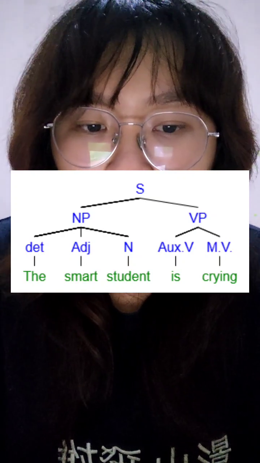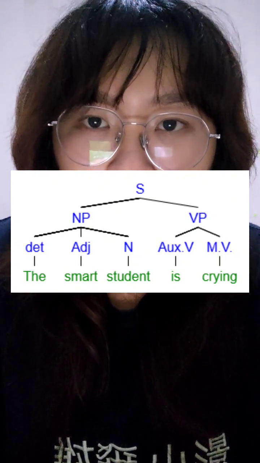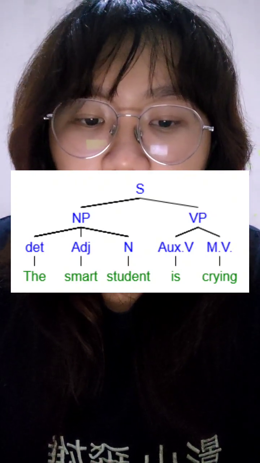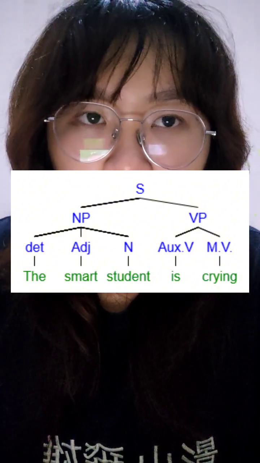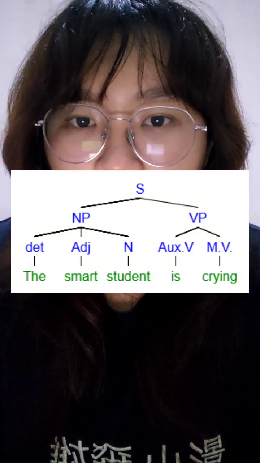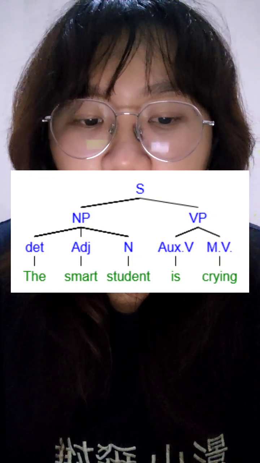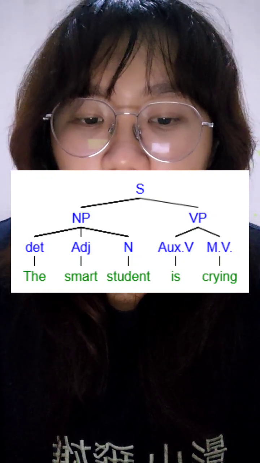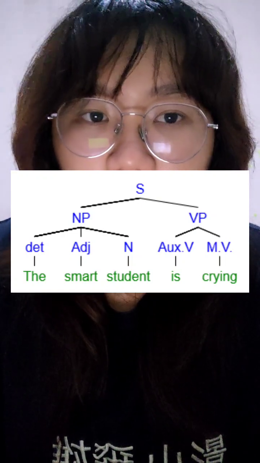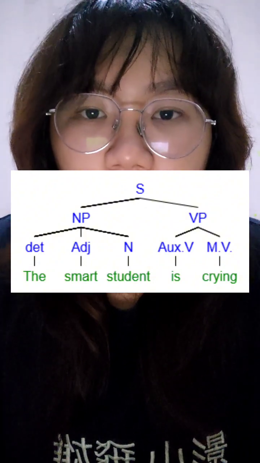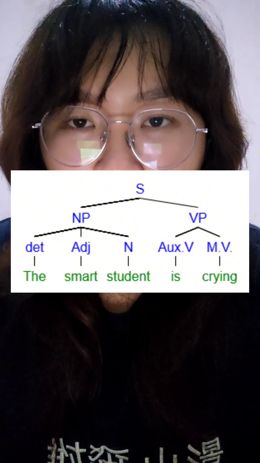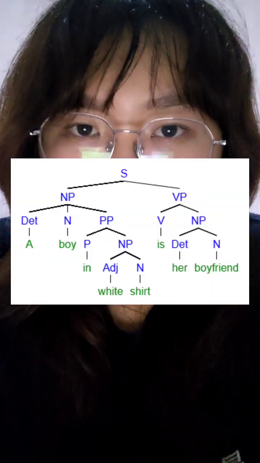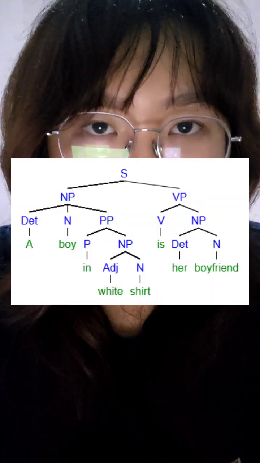So here is an example of the use of an auxiliary verb in a syntax tree diagram. Remember that if the sentence doesn't have a main verb, the auxiliary automatically becomes the verb in this tree diagram.